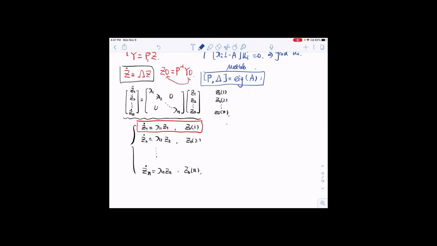So we can easily find out that Z1 of t is just Z naught 1 e to the lambda 1 t. If you don't recall this, you can go back to your Math 333. I believe that's the first ODE you solved in that class. Then similarly, you can find Z2 of t equal to the initial condition of the second row times e to the lambda 2 t, and then all the way to Zn of t equals Z naught n e to the lambda n t.